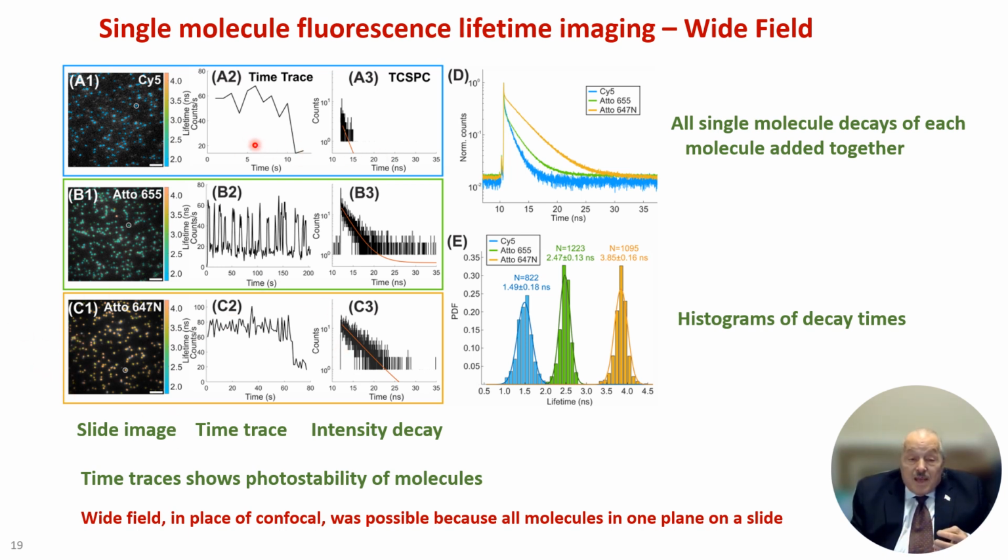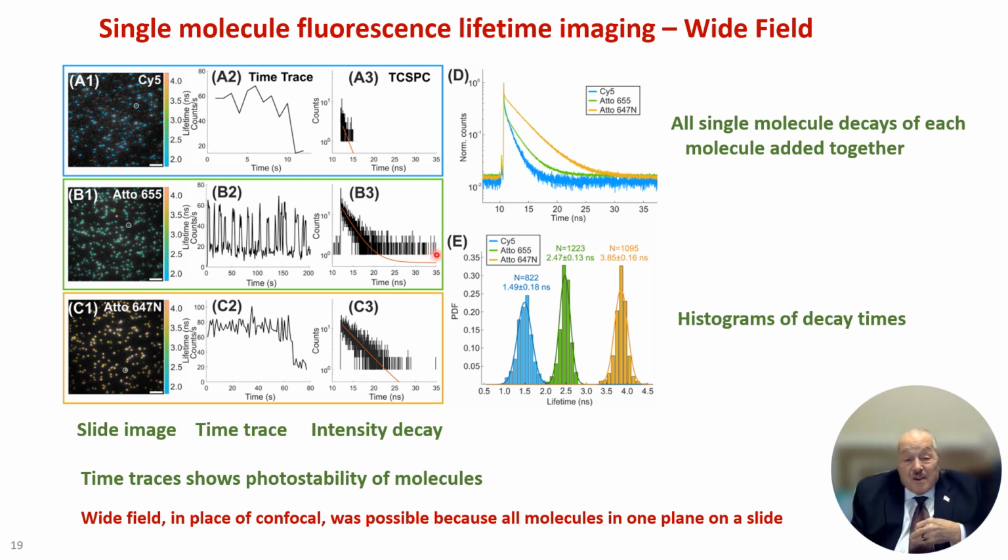So what do we have here? First, we've done FLIM images of single molecules all of the same type, and then we did it with 3 different types of single molecules. And what we have first are the intensity images, and over here at this side are the intensity decays of the single molecules. And of course, they're not going to be real good.